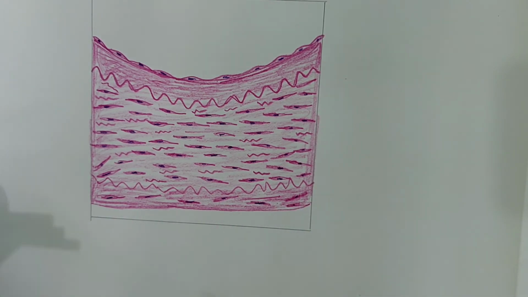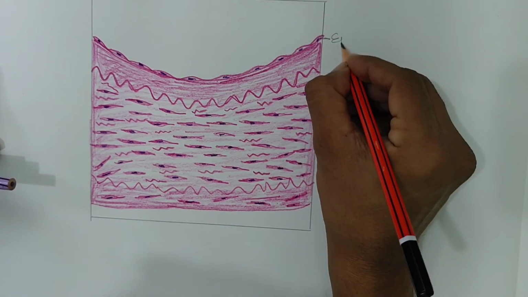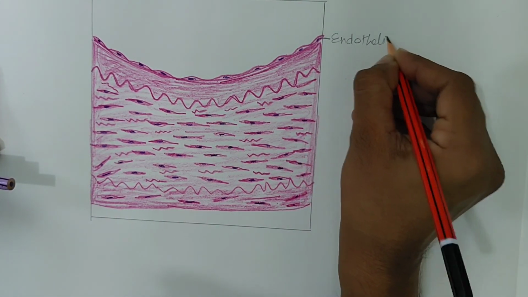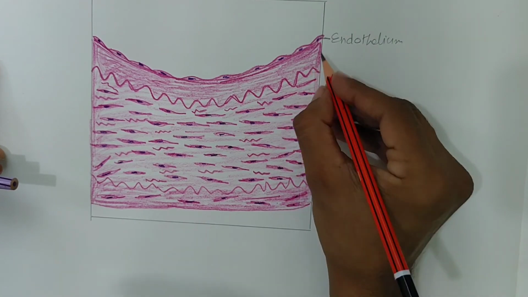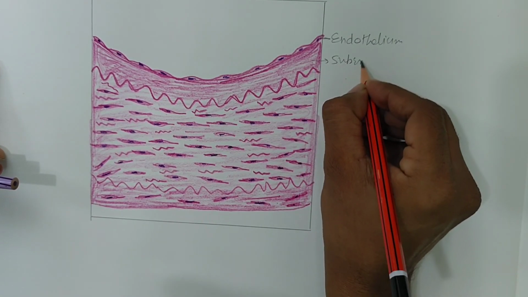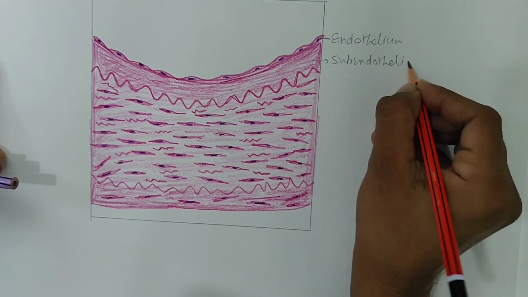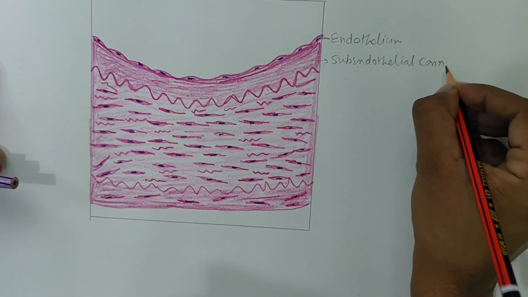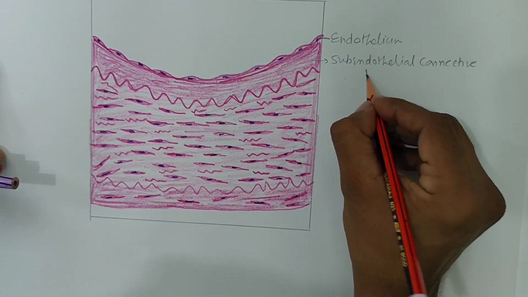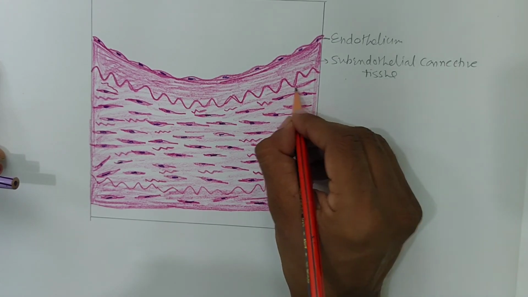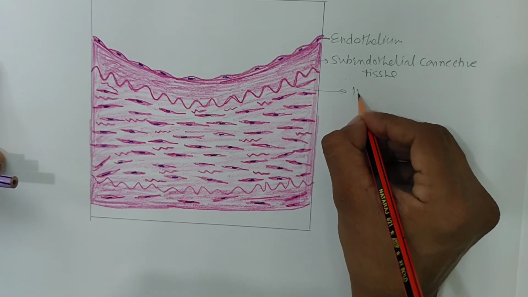So now let's label it. What is this? This is again the endothelium. This is the subendothelial connective tissue. What is this? This is the prominent internal elastic lamina.